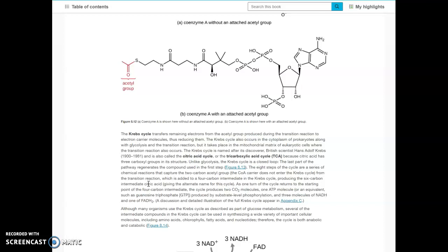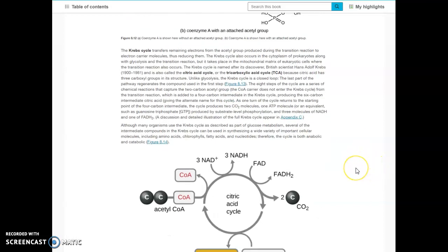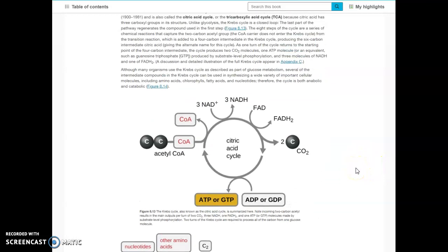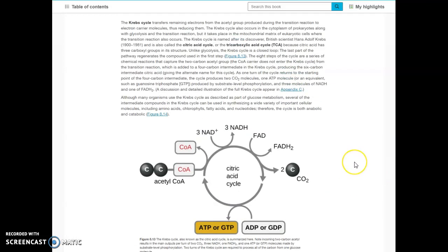So the Krebs cycle transfers remaining electrons from this acetyl group that's produced during this transition reaction to more of those energy carrier molecules, therefore reducing them. Okay, so let's look at our Krebs cycle. Here is acetyl-CoA coming in.